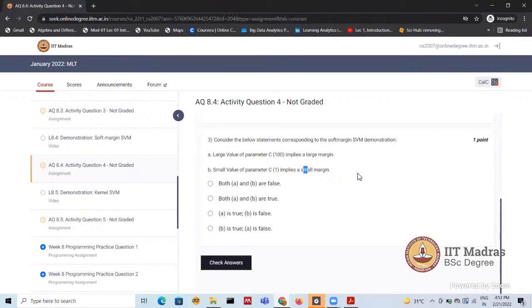So why we call it underfitting or overfitting in the sense that you are going to make these misclassified points fit within this margin. If you allow more number of points to fit within this margin, then that is overfitting, right?